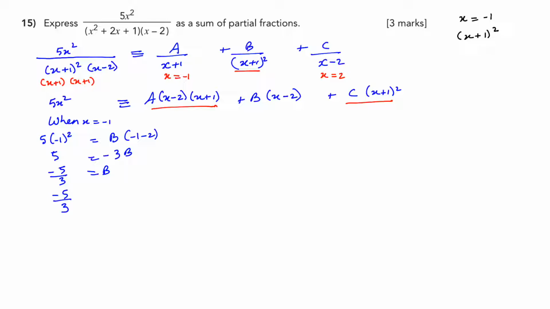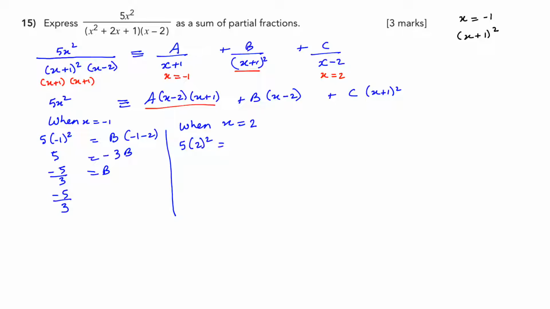After this step, we will use when x is equal to 2. So now we are going to substitute x is equal to 2 in the whole equation. Again, let's check where is 2. 2 minus 2 is 0, so everything multiplied by 0 is 0.